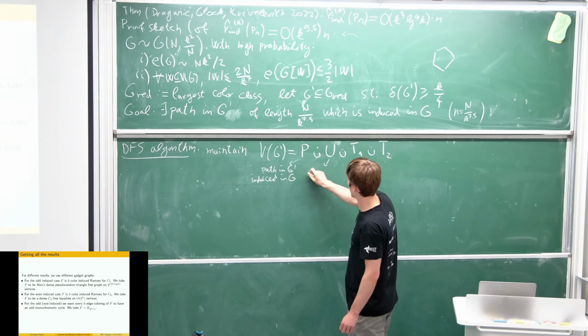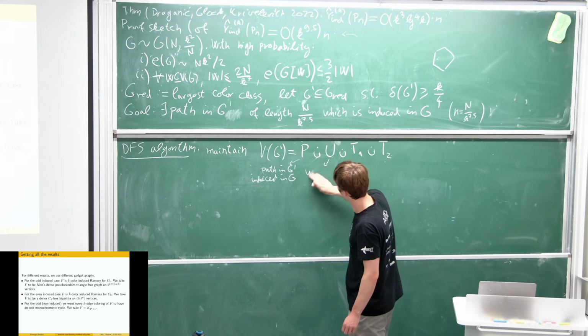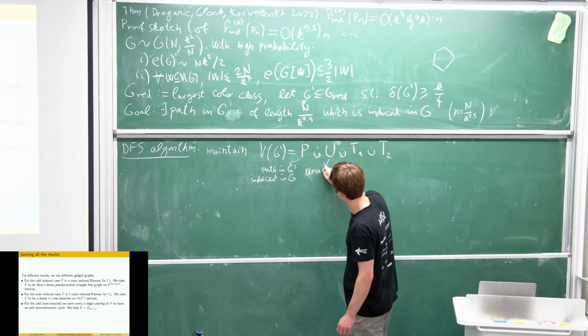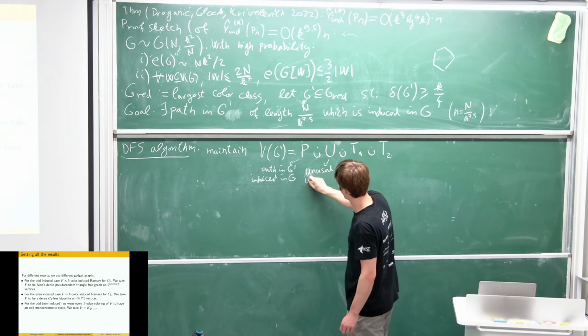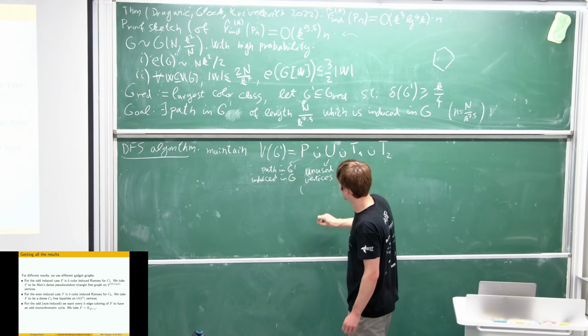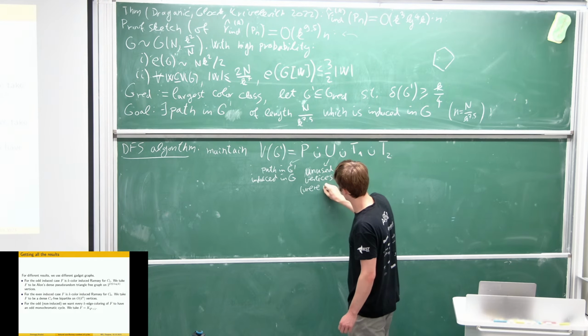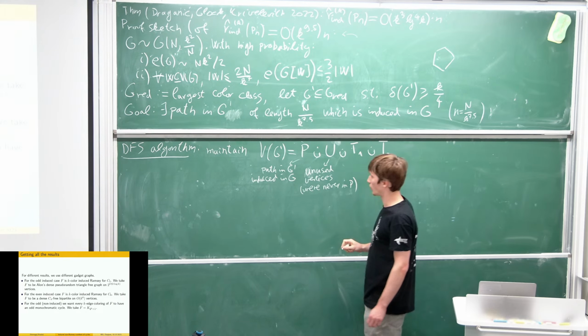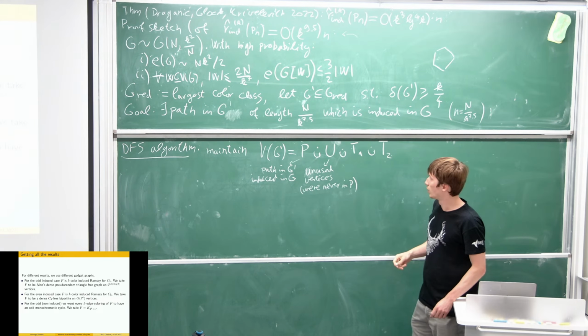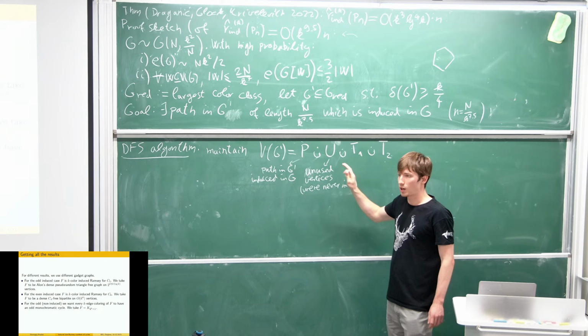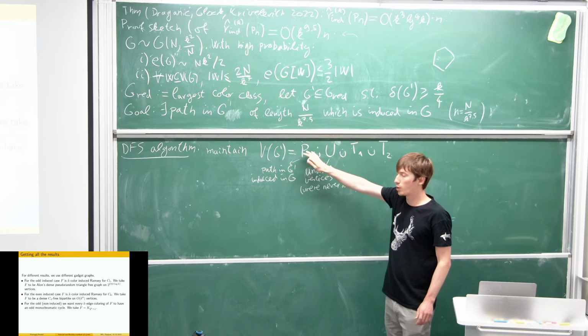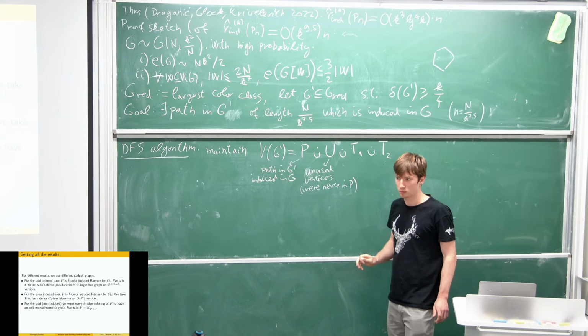U will represent a set of unused vertices. What does it mean unused? Okay, so these sets evolve. U at each point is a set of vertices which have never appeared in the set P. Okay?